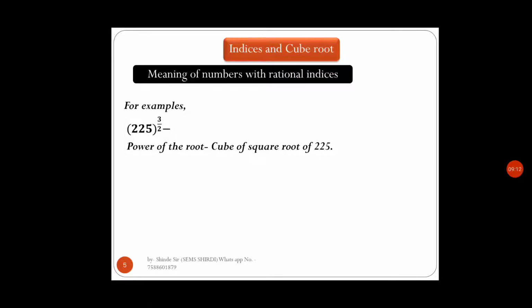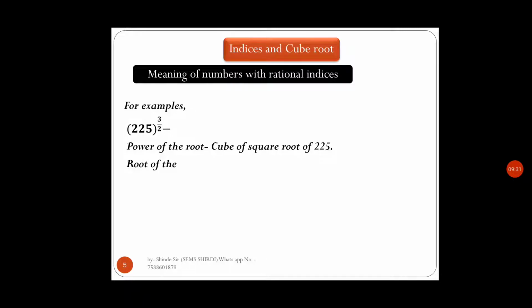Understood? Power of the root. Here the numerator is the power and the denominator is the root. The numerator is 3, meaning cube, and the denominator is 2, so it is the cube of the square root of 225.